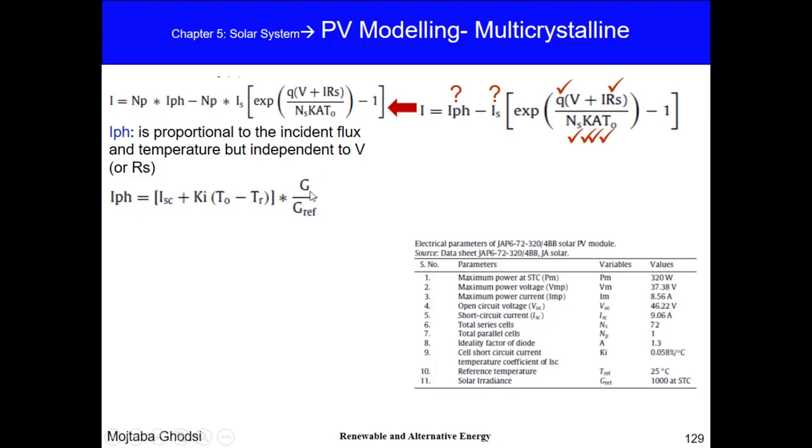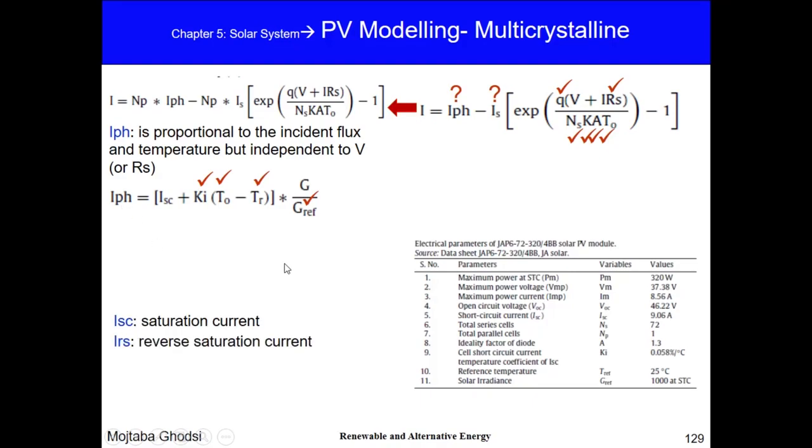G is the solar irradiance that we have right now, and we would like to measure the relationship between voltage and current at this G. G reference is the solar irradiance at the standard condition, that, as I explained before, is equal to 1000.